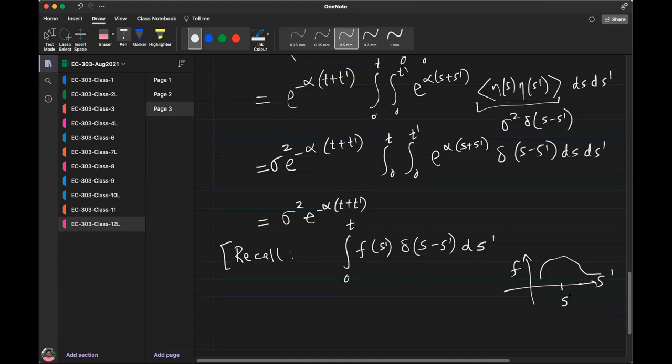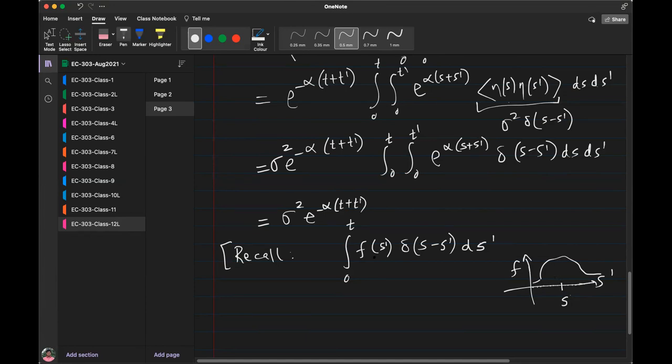So there's some value s here, and it's varying as a function of s prime. I'm multiplying with a function which is 0 everywhere, 0, 0, 0, 0, everywhere it is 0. Only at some value it is not 0.